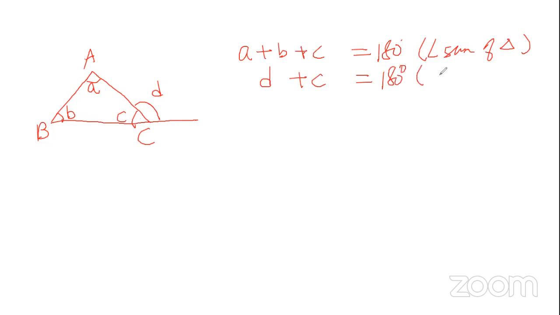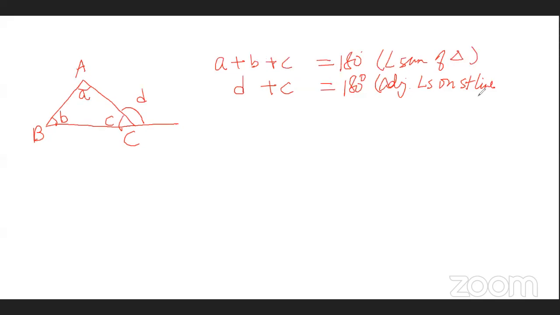The reason is different, because they are adjacent angles on straight line. Now, therefore, if you compare these two lines, A plus B plus C equals 180 degrees.